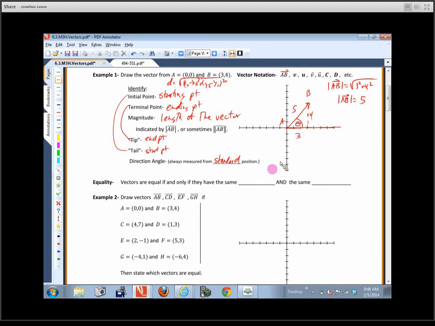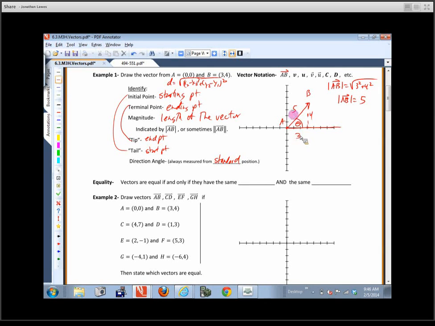What if I wanted the direction angle on this? What if I wanted to know what is that angle right there measured from standard position? Alpha, or in this case I labeled it as theta. I want to find that. How would I do that? You could use the sine, so we could do the opposite over the hypotenuse and then use sine inverse. That would be good. I could also do cosine.